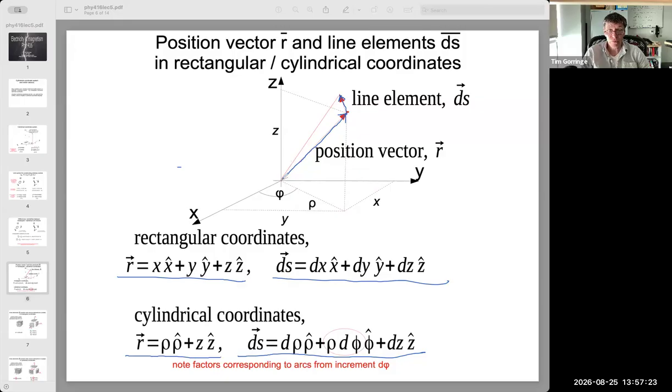So rho times the rho unit vector takes us in the direction of rho, a distance rho. This is rho times rho hat. And then z times the z unit vector takes us up here, a distance z in the direction of the z unit vector.